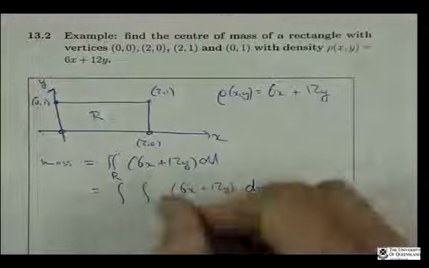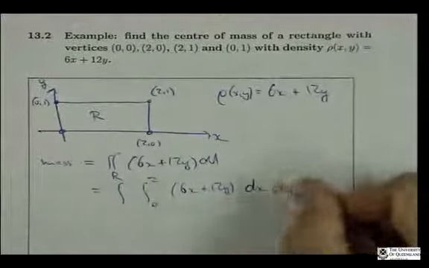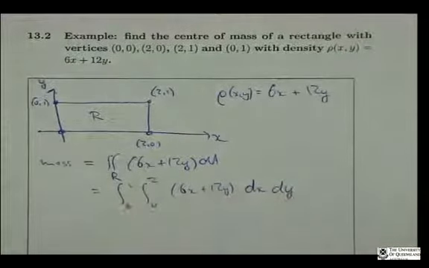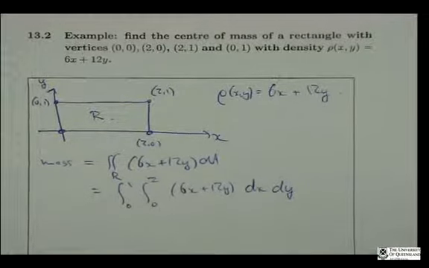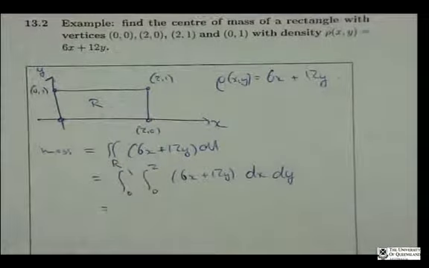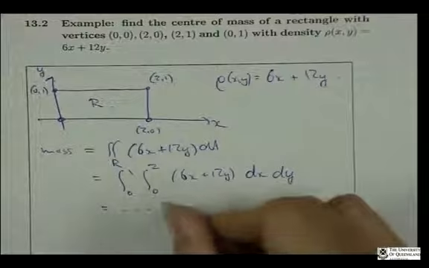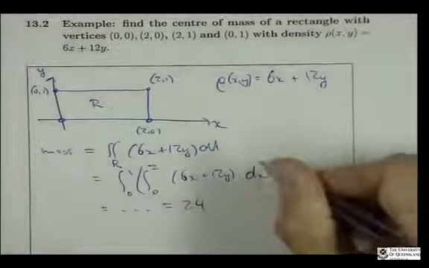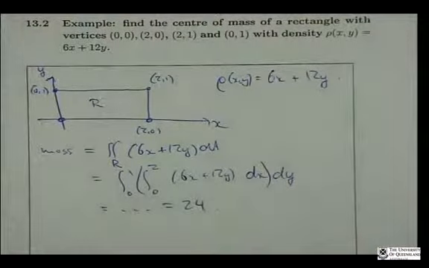So x is between 0 and 2, y is between 0 and 1. It's a rectangular region, so all four bounds must be constant. Then it's just a matter of evaluating these iterated integrals. You can integrate first with respect to x, then with respect to y, integrating partially with respect to x, treating y as a constant. This should all be familiar.